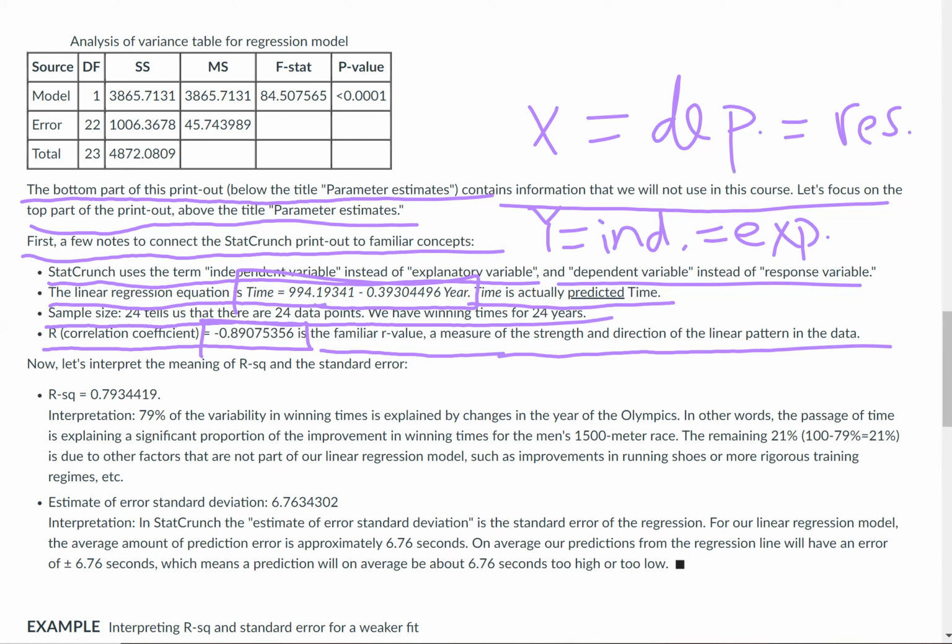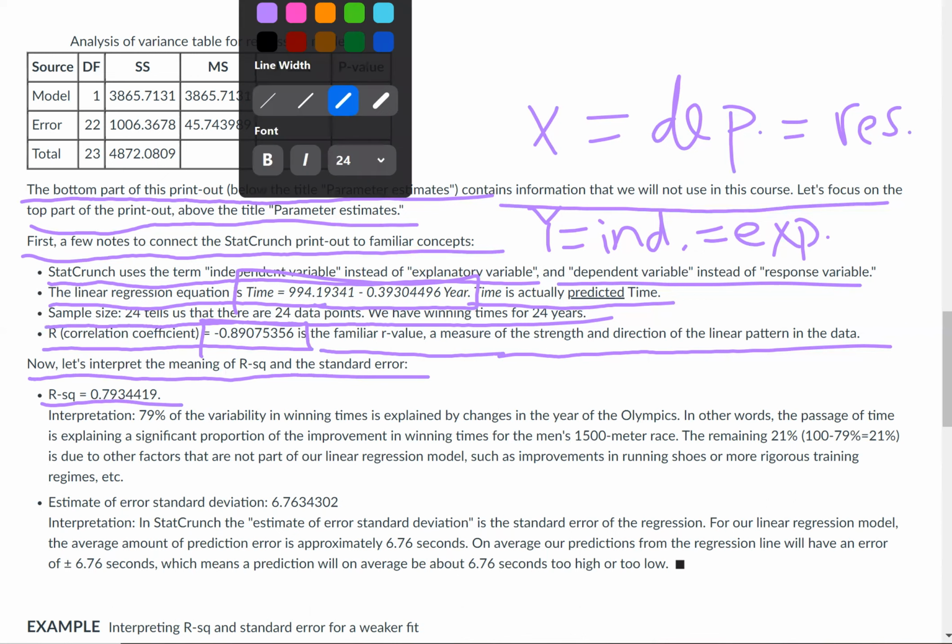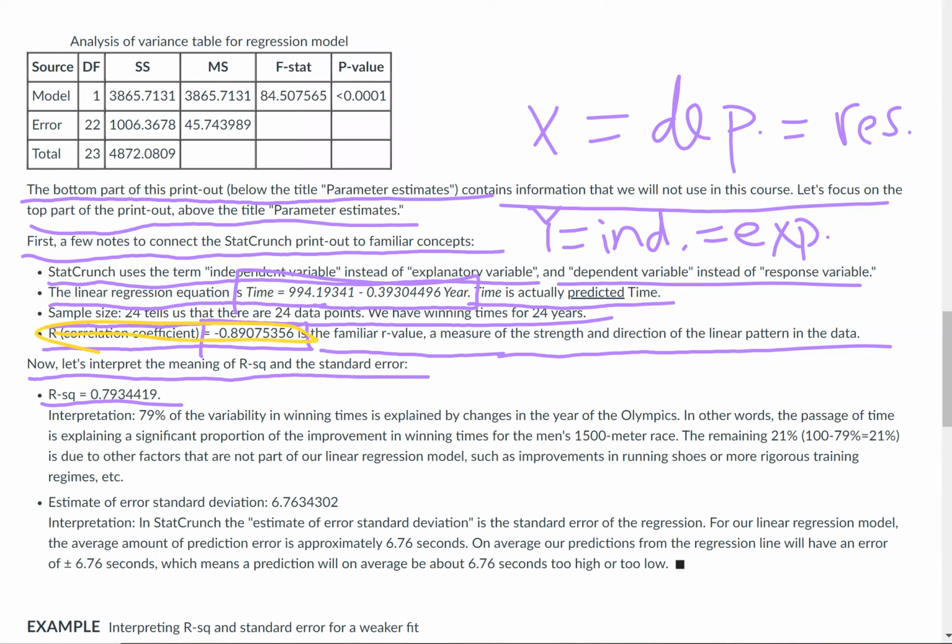Now let's interpret the meaning of R squared and the standard error. R squared is what you get if I square the correlation coefficient R, or rather StatCrunch squared it. We can interpret 0.79 as 79% of the variability in winning times being explained by change in the year in the Olympics.